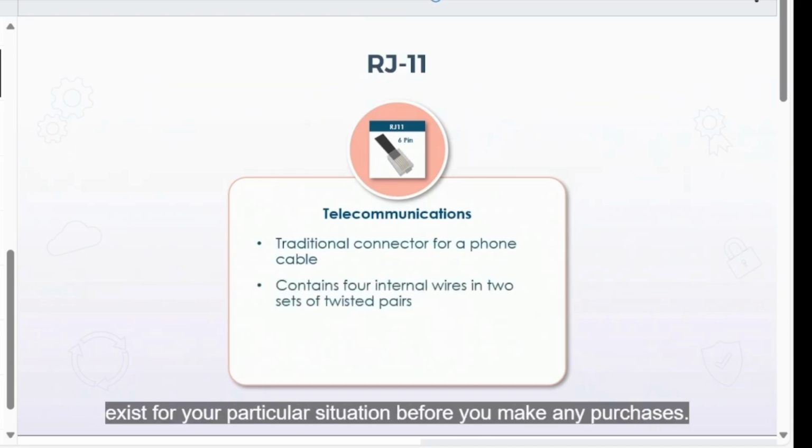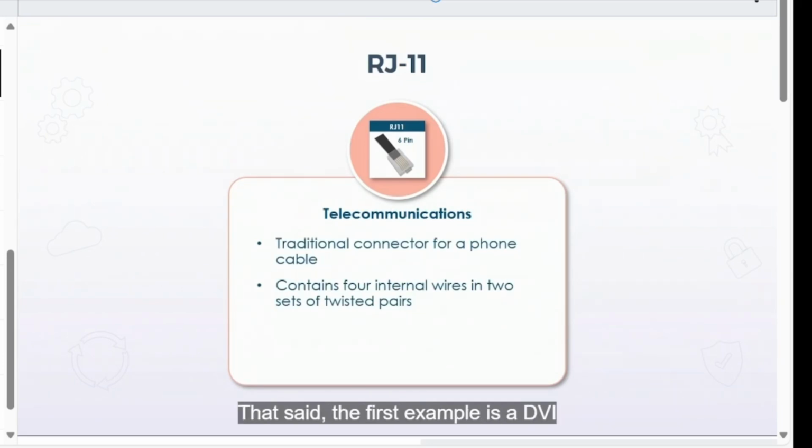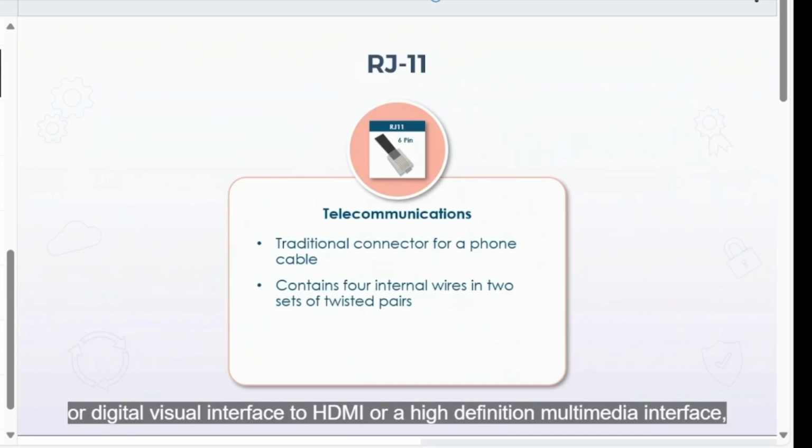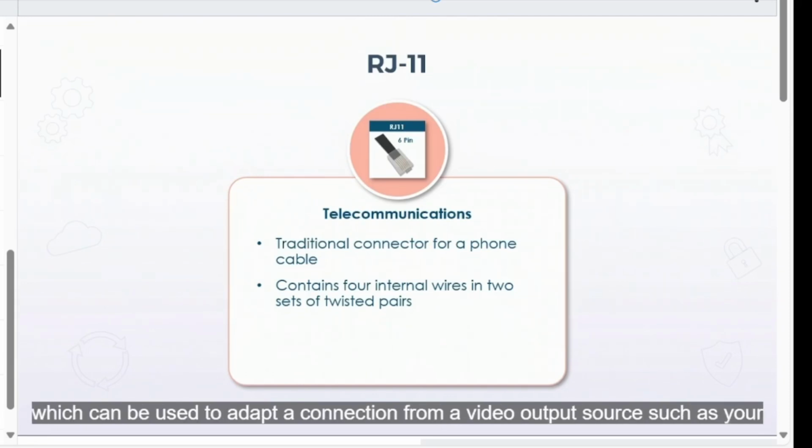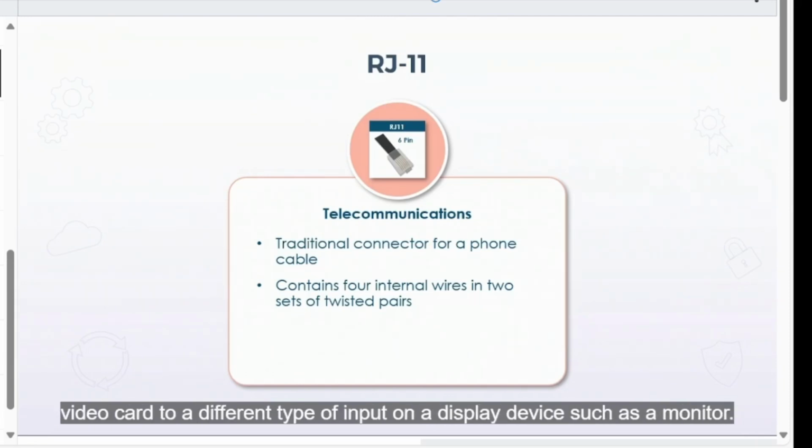The cable itself only contained 4 internal wires configured in 2 sets of twisted pairs, so it did still use the twisted pair approach just like standard Ethernet cable. And in fact, just quickly coming back to the category specifications for these types of cables, phone line cabling is in fact classified as Category 2.